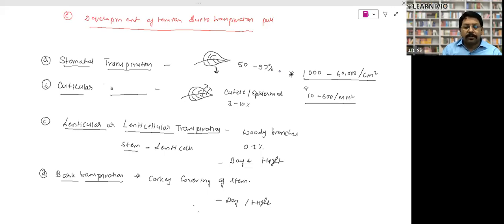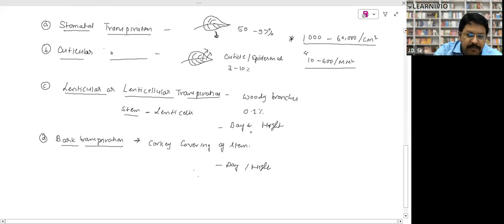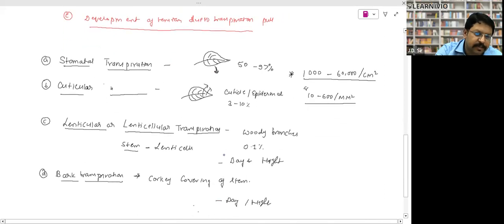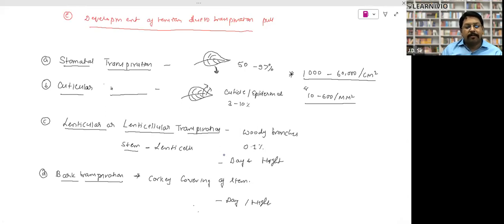So in the older stem, these lenticels are found. 0.1% transpiration takes place through lenticels, and this keeps going on day and night. Then bark transpiration. When water is lost through the bark due to heating, this is called bark transpiration. So basically, there are four kinds of transpiration: stomatal, cuticular, lenticular, and bark transpiration.